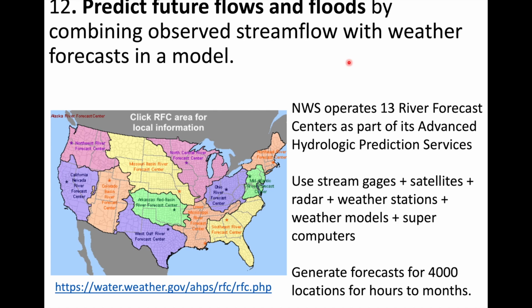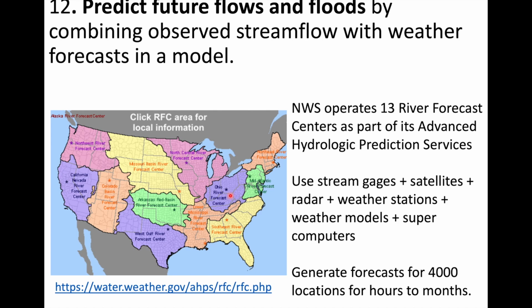And this is where we can combine weather forecasts with models of the watershed calibrated to USGS streamflow data to actually make flood forecasts. The National Weather Service in the United States operates 13 river forecast centers. These river forecast centers have a specific area they're in charge of. We're in the Ohio River Forecast Center here.